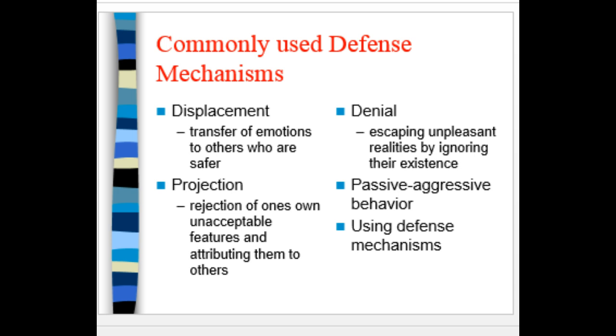Projection, very interesting mechanism. What we do is we take all of our own unacceptable features, and these are unconscious. These defense mechanisms are always learned very early in life, and they are always unconscious. So we take these features that we find unacceptable in ourselves and we give them to someone else.